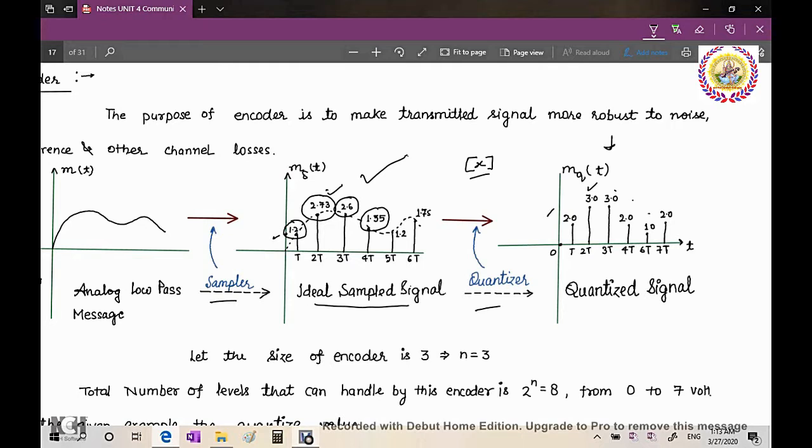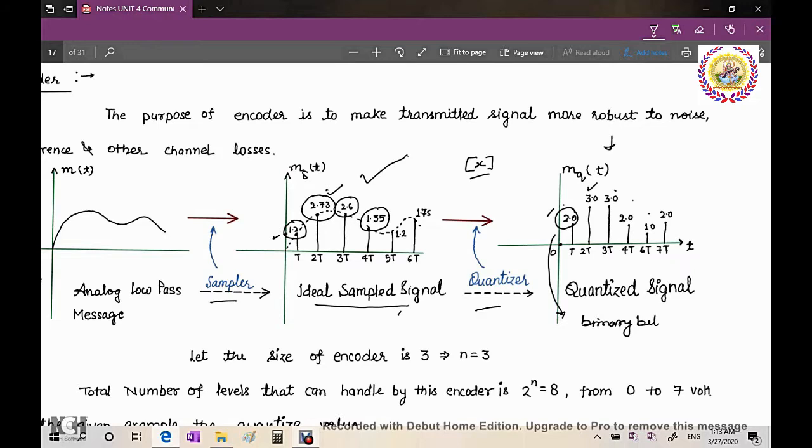Now after converting the sampled signal to a quantized value, the sample voltage 2 is passed through the encoder, and the encoder converts this 2 into its equivalent binary bits.